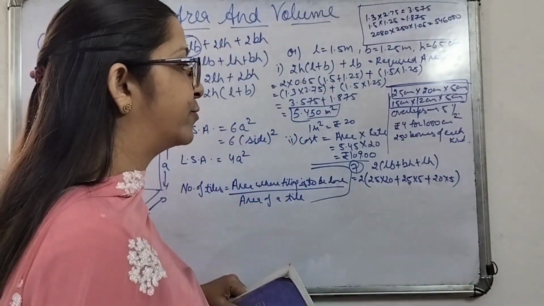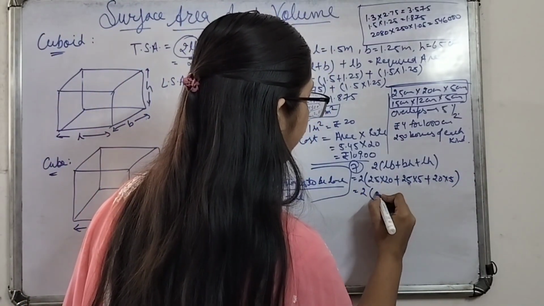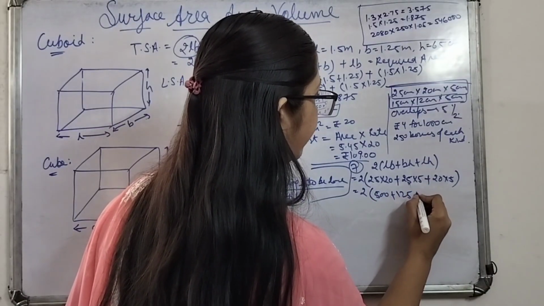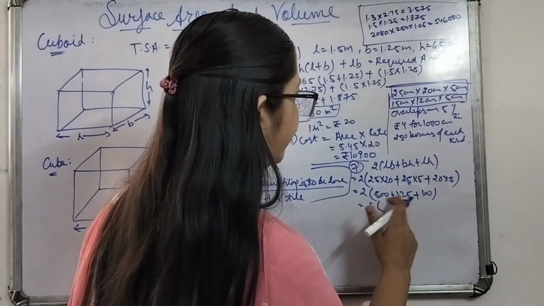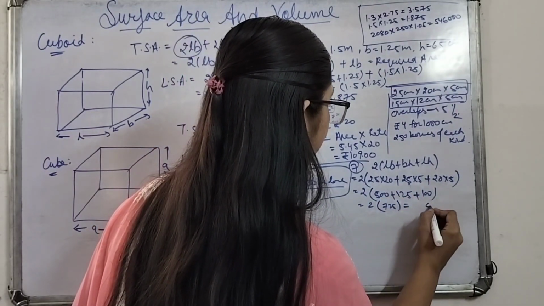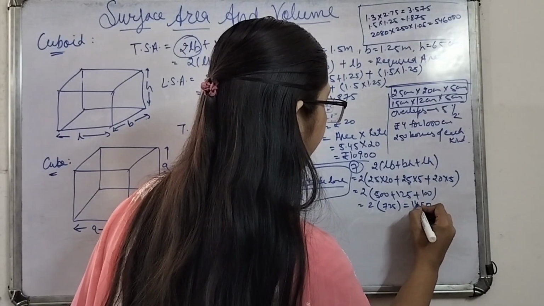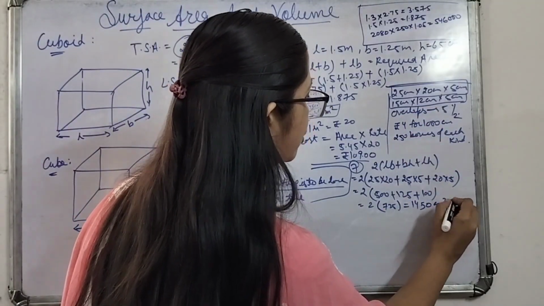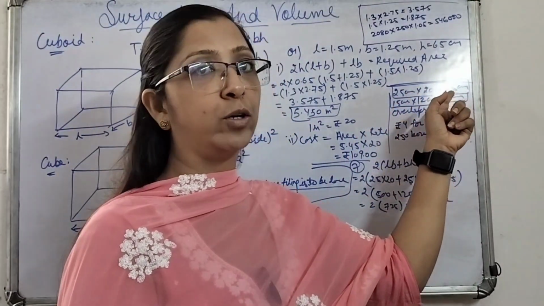This will be 2 multiplied by 25 into 20 which is 500, 25 into 5 which is 125, and 20 into 5 which is 100. That will give us 2 multiplied by 725, which is 1450 centimeter square. This is the total surface area of the bigger box.